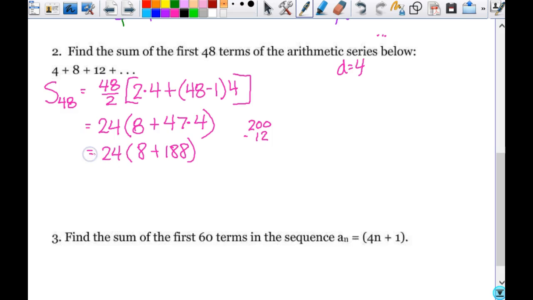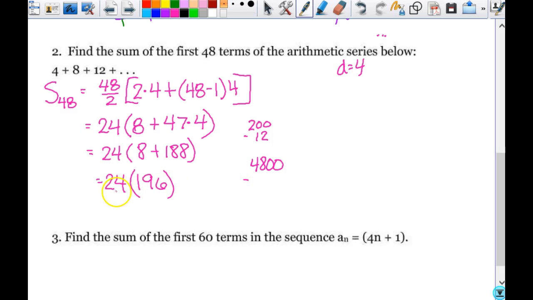So it's 24 plus that. So that gives me 24 times 196. So 24 times 200 would be what? 4,800, right? But I need 4 fewer of those.